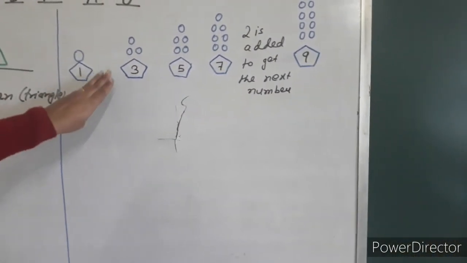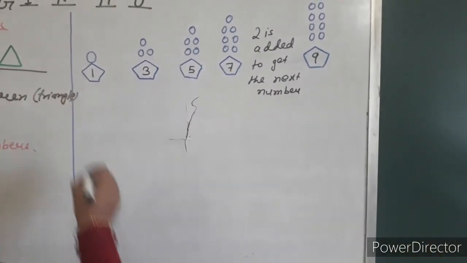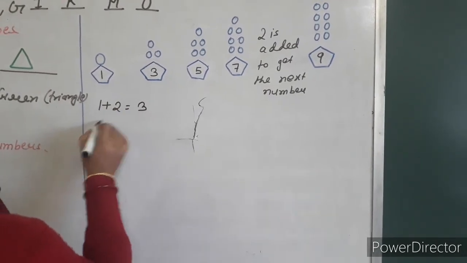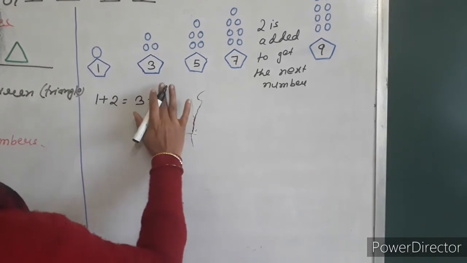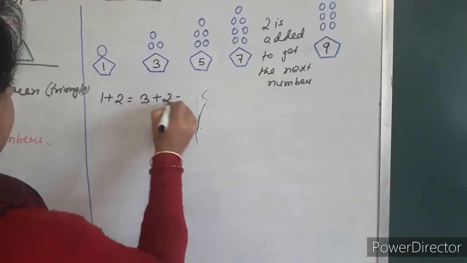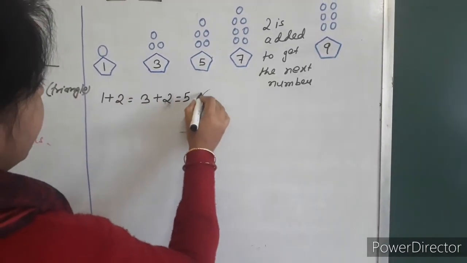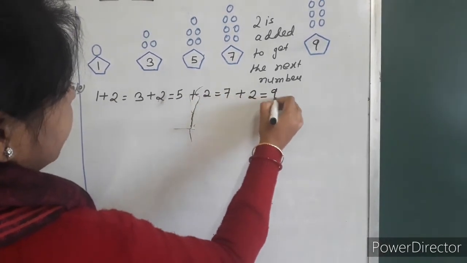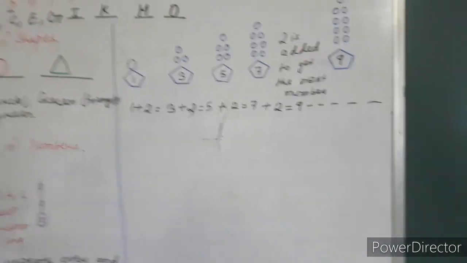You can say it as skip, or if you add 1 plus 2 it will be 3, then 3 plus 2 is 5, again 5 plus 2 is 7, 7 plus 2 is 9. This will go on like this.